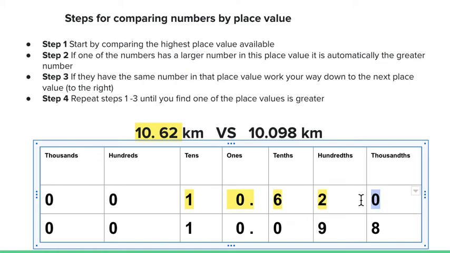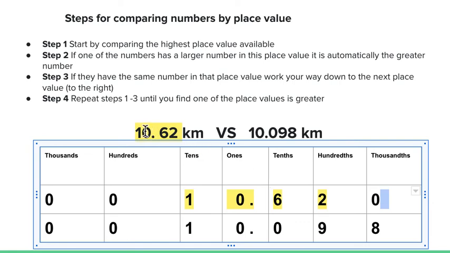Not only can we call 10.62 by 62 hundredths, but if you wanted to add that extra 0 like I showed you, you could also call it 620 thousandths. Those are equal values. Both are okay to say. If that helps you understand this better and compare numbers better, then when you don't have a value, just plug in a 0 in your place value chart.